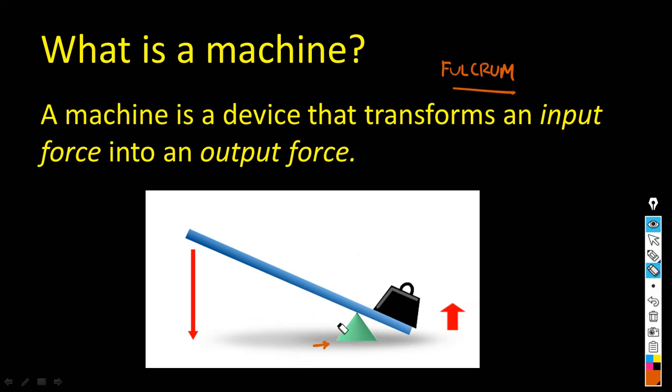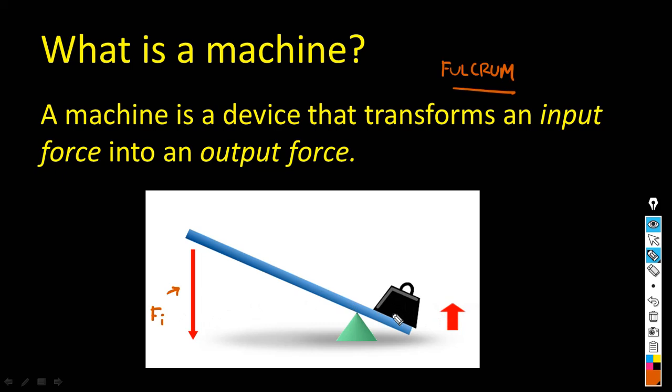So what do I mean by a machine being a device that transforms an input force into an output force? What does that mean? It means the following. When you use a lever, what you usually do is put a heavy load on one extreme and apply a force on the other extreme, which is represented by this arrow going downwards. This is known as the input force.